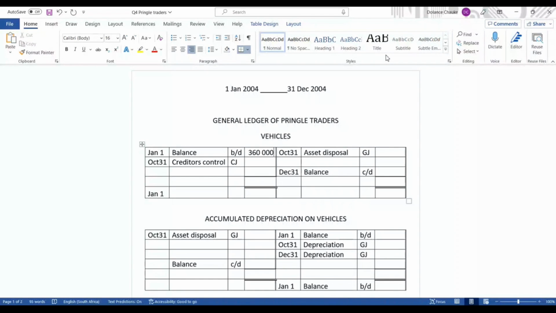It says a vehicle purchased for 160,000 and accumulated depreciation on the 1st of January 2004 of 39,300 was traded in on the 31st of October 2004 on a new vehicle at BMW Motors. So they are saying to us, the vehicle that we have purchased, we have traded it in, right?